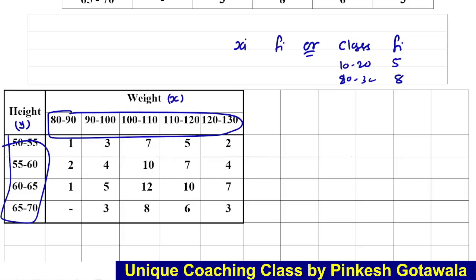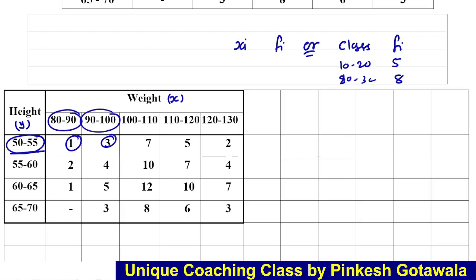Suppose here 50 to 55 height, and weight 80 to 90 has 1%. Then height 50 to 55 and weight 90 to 100, there are 3%. Height 50 to 55 and weight 100 to 110, there are 7%. So your common point is this: 1 3 7 5 2, all these persons have the same height, between 50 to 55.